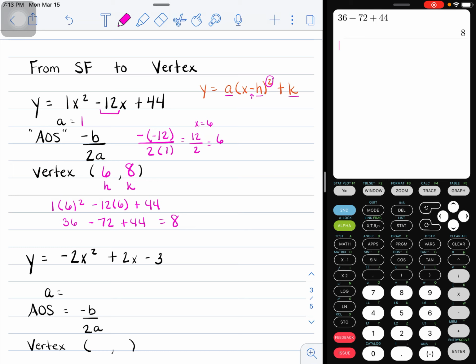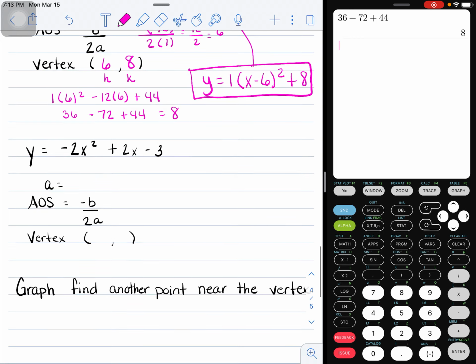So now let's take what we know and write it in this form. y equals, a is 1. If it has a 1, we could put a 1 there, or we could leave it because we know it's a 1. (x minus 6) squared plus 8. And this would be in vertex form, and this was in standard form. So they're the same function, just in different forms. All right, let's try another one.